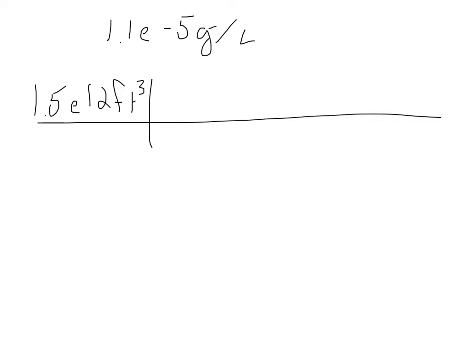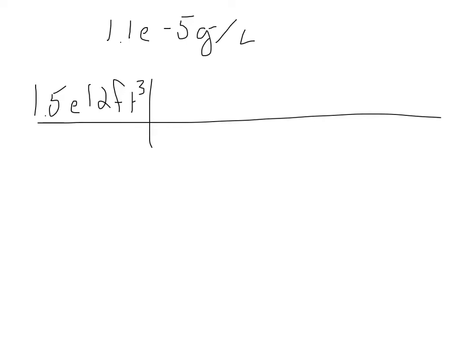So in order to get to mass and solve for grams, we need to convert the volume to liters. So we're going to work through this process. It's going to be several steps, but I think if you follow along, you should be all set.